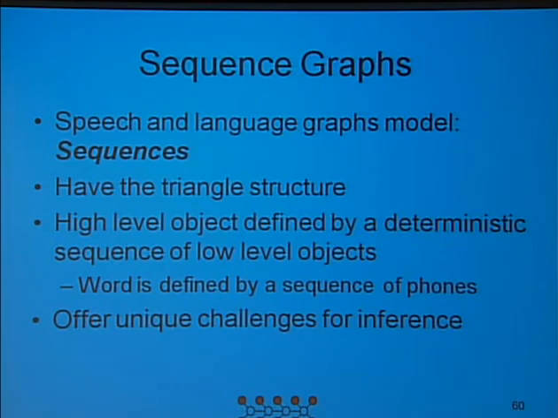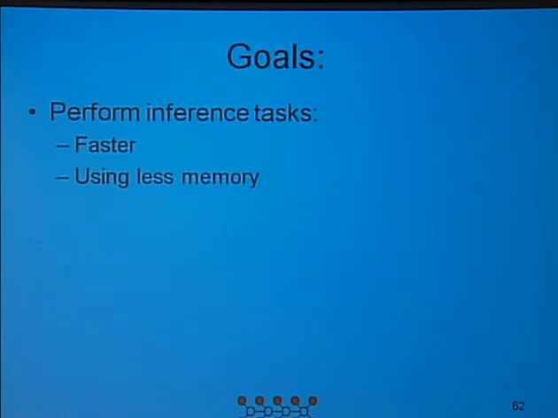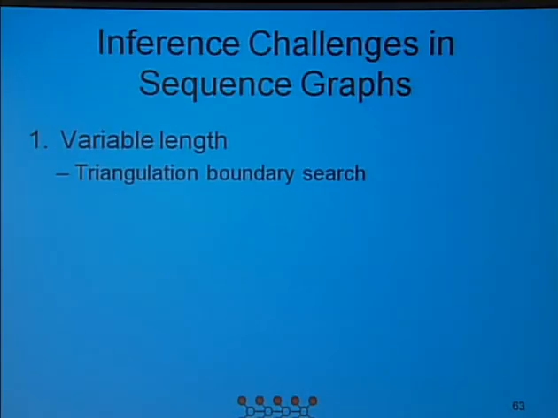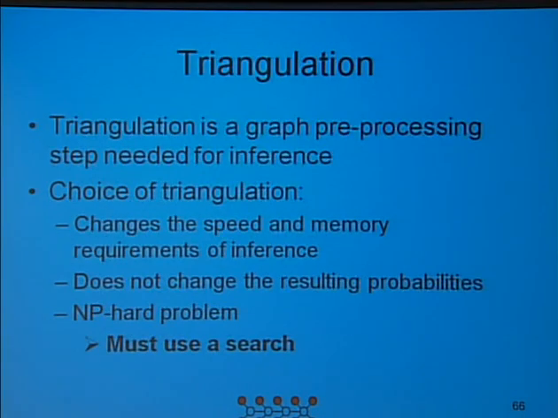This gives a few unique challenges for inference, by which I mean decoding and training, the calculations associated with these two tasks. The one thing I'm going to try to talk about before we leave is how we can perform inference tasks faster and using less memory. I'll talk a little bit about triangulation and boundary search, and I'll skip these other sections.